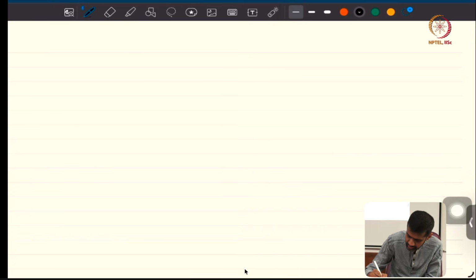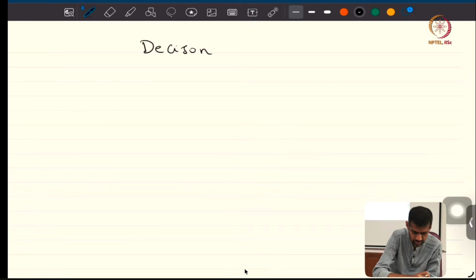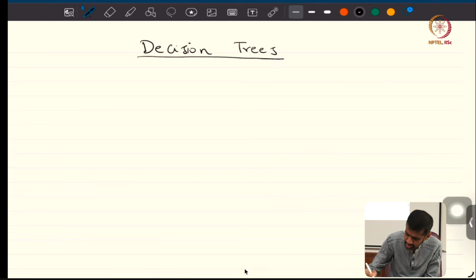Decision trees. These are nonparametric methods.